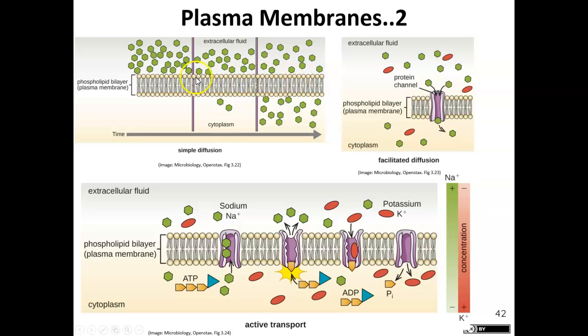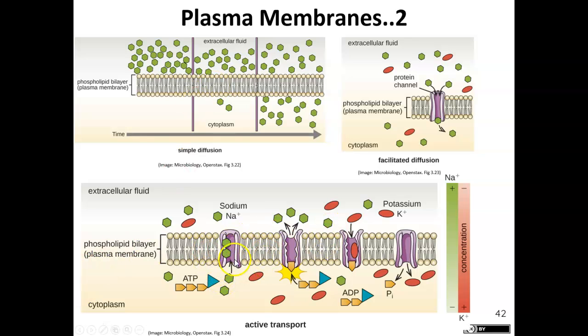So remember, the plasma membrane functions in maintaining the environment inside and outside. So they don't allow certain molecules to go through. Plasma membrane is very selective. It's a selectively permeable membrane. Allows small nonpolar molecules directly through. Other molecules have to go through specialized proteins or come in different ways.